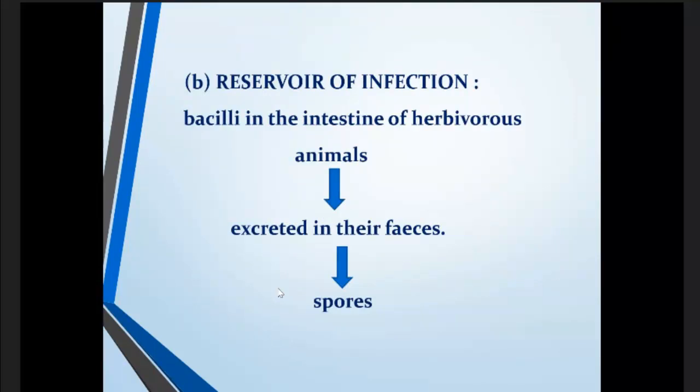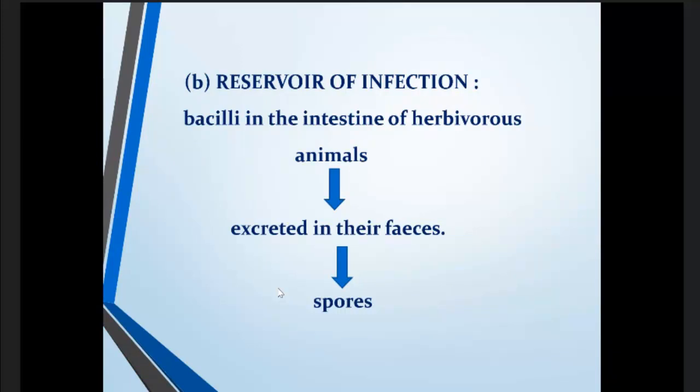The reservoir of infection: the bacilli are found in the intestine of herbivorous animals like cattle, cows, sheep, and horses, and are excreted in their feces, leading to formation of spores, which remain in the environment, and by this process, infection can be transmitted to human beings.